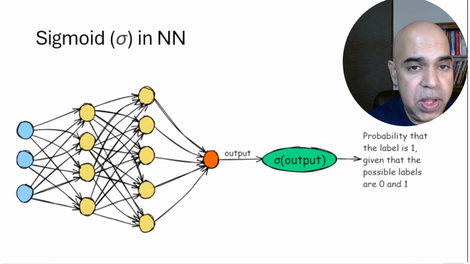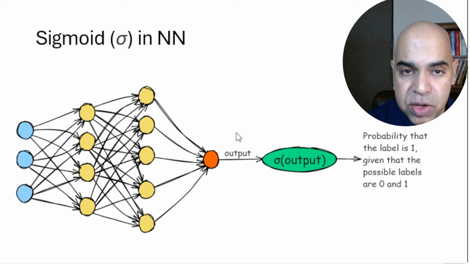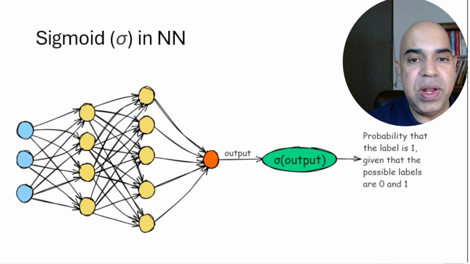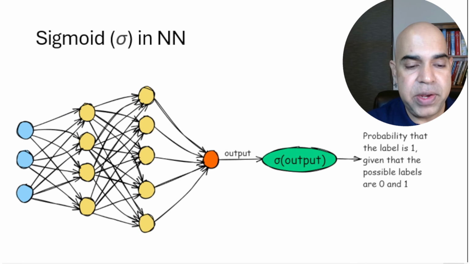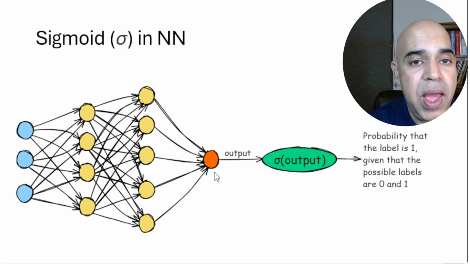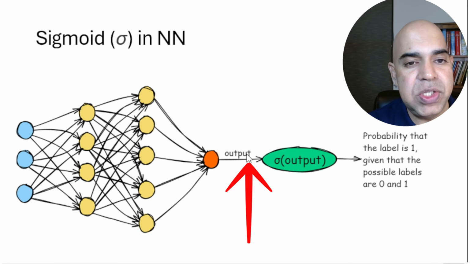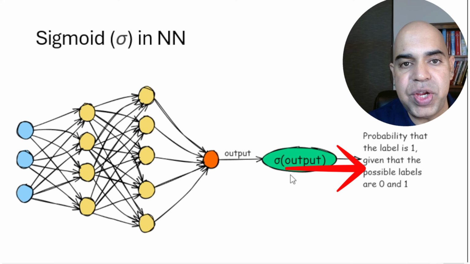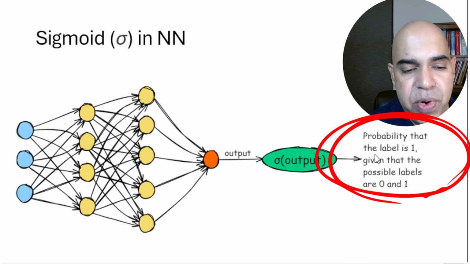Okay, so if you have a neural network that is solving a binary classification problem, you will have one neuron in the output layer, and you send that raw logit through the sigmoid function. After that, you have a probability.